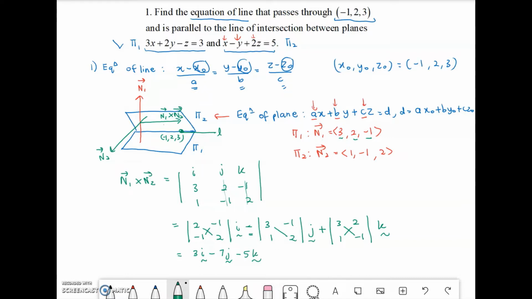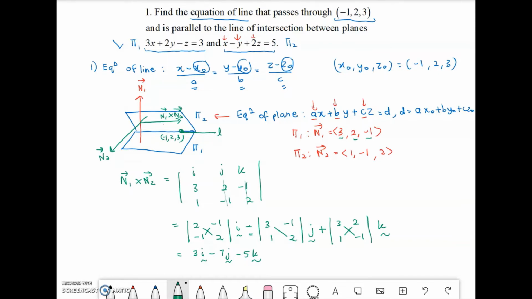So now we already have the cross product of n1 and n2. So the cross product of this is parallel to line L.